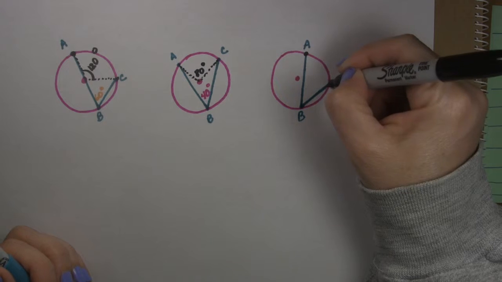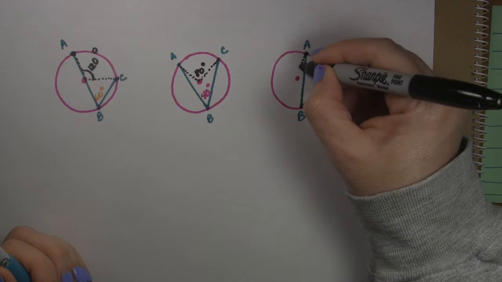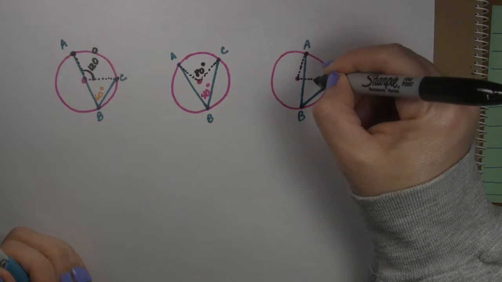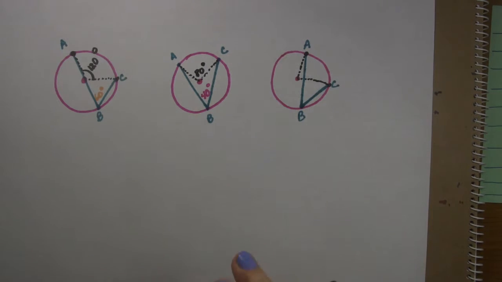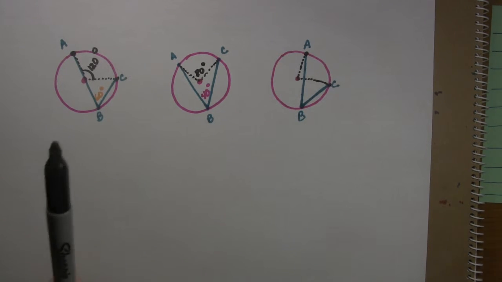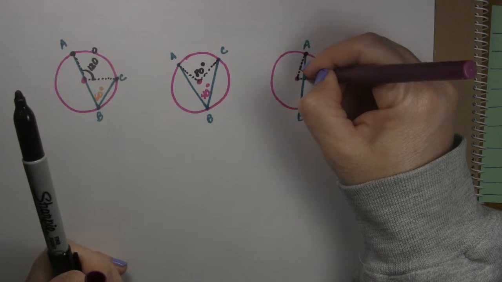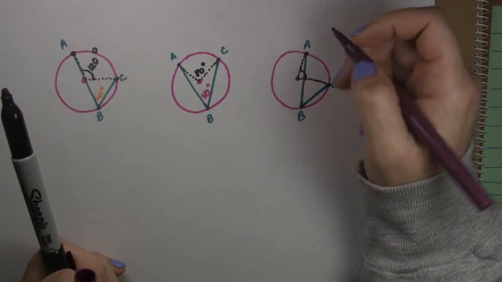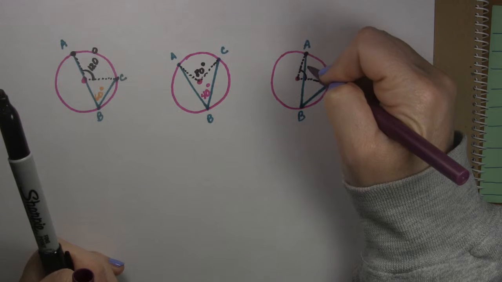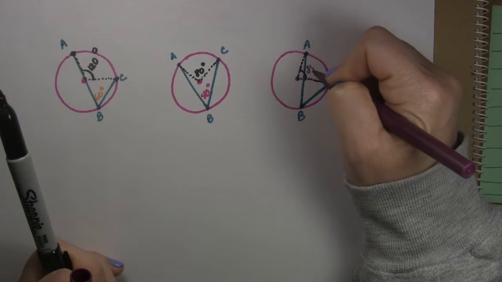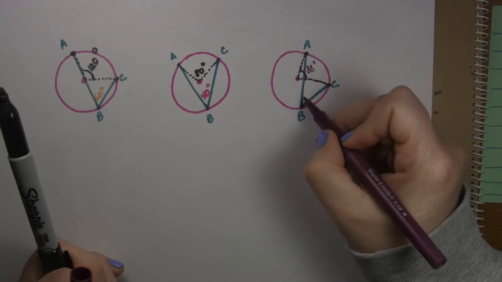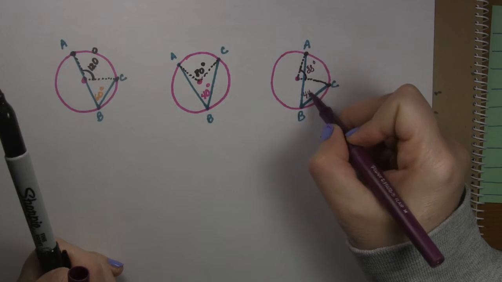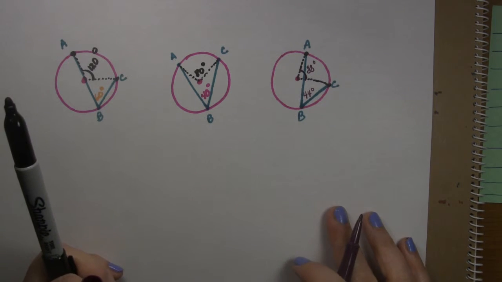You take your point here and you take your point here, and you draw your angle. Let's say that this angle, this time, this big angle, I'll make this a little bit harder for you, I'll say that it's 88 degrees. So what is this one going to be? That's right, it's going to be 44 degrees.